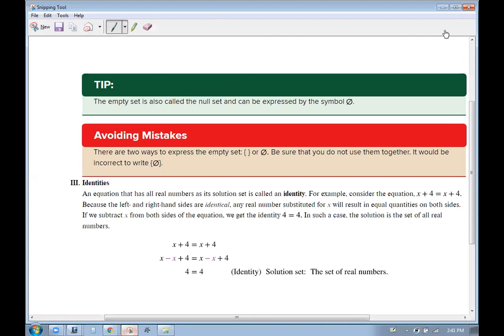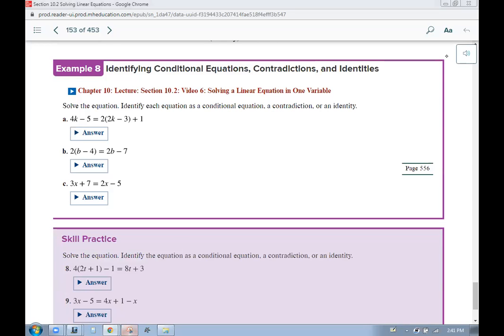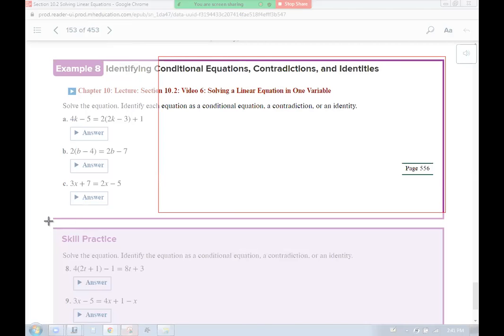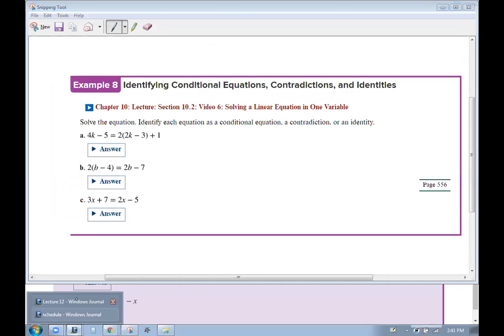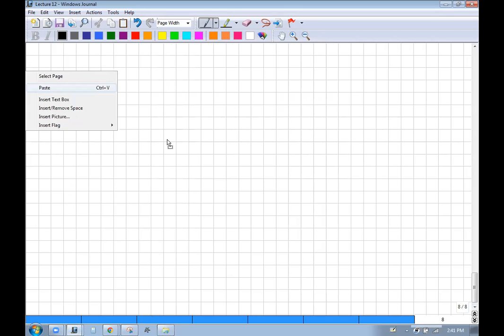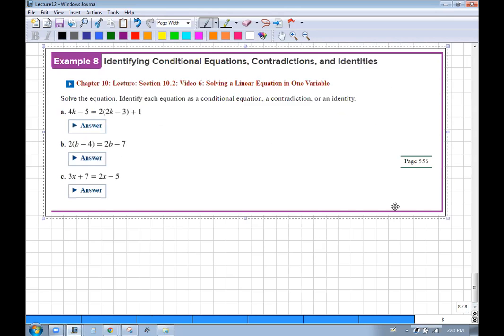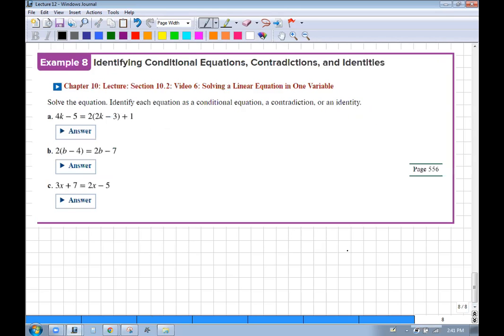So we want to look at these equations and figure out, are they conditional, contradictory, or an identity? Okay. So basically, you try to solve for whatever their letter is. Here it's K. So let's get rid of these parentheses. By distributing, we get 4K minus 6 plus 1.